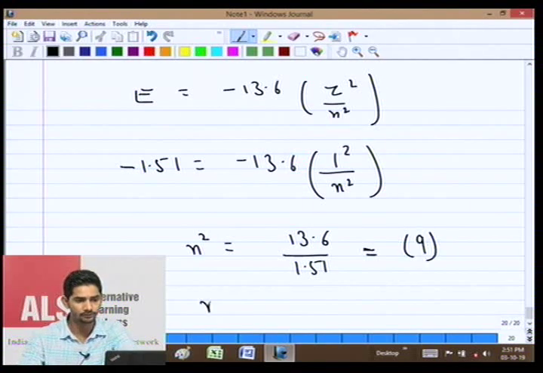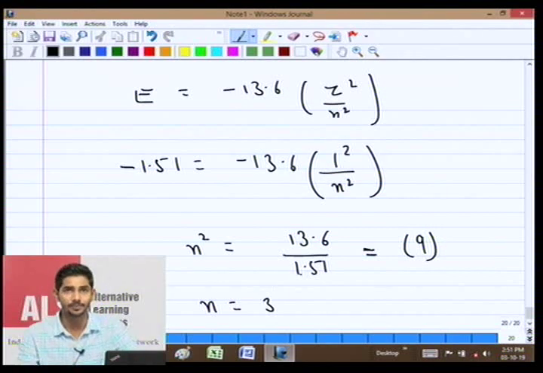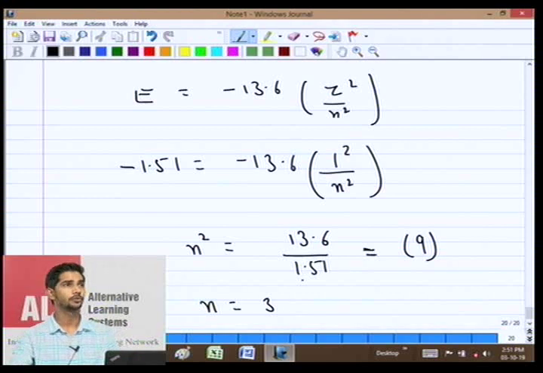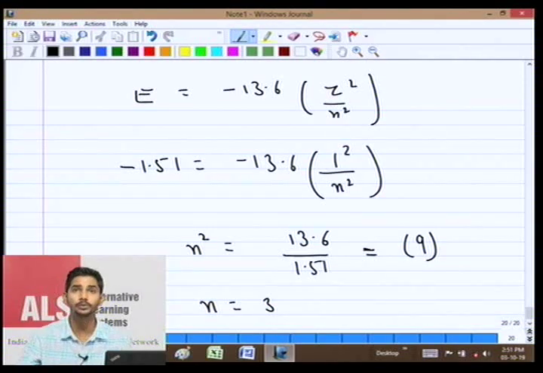So n will come out to be 3. This is not exactly 9, this is approximately 9. So you will get 3 as your result. Any confusion or doubt in this question? Okay, so we can move on. So next question for you guys.